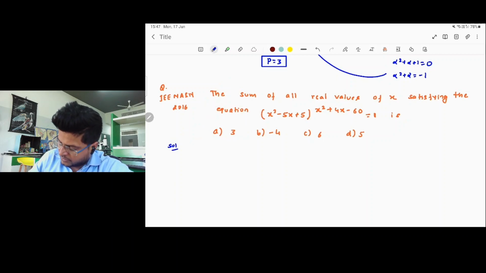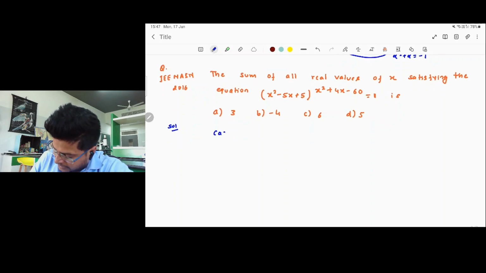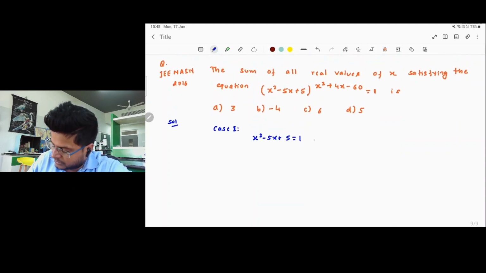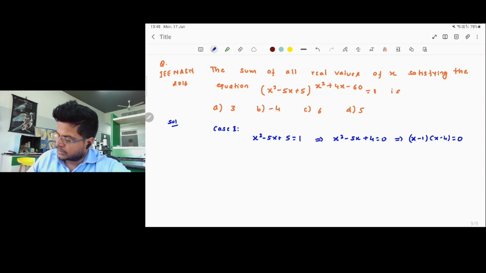Okay, so we are solving. First part, let's call it case 1. What is case 1? x square minus 5x plus 5 equals 1. The base is equal to 1. So when you bring it here itself, this will become x square minus 5x plus 4 equals 0, which is quite factorizable. (x minus 1) into (x minus 4) equals 0.